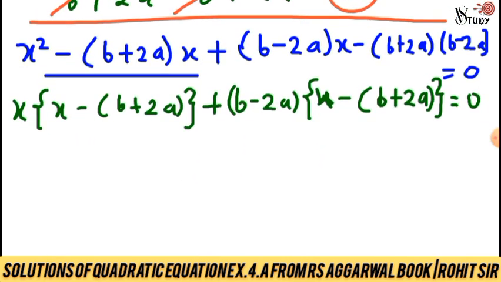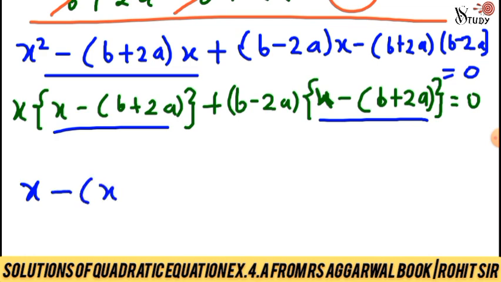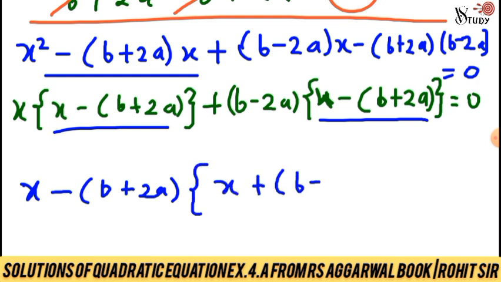Now we take this curly bracket as common because both the values are same. These are the common multiples of both the terms. x minus (b plus 2a). Now what we have is x plus (b minus 2a) is equal to 0.